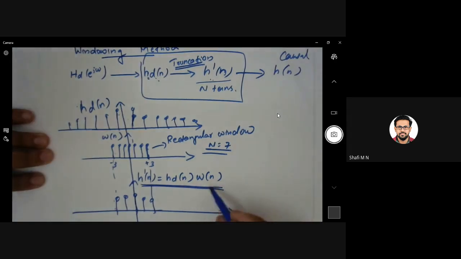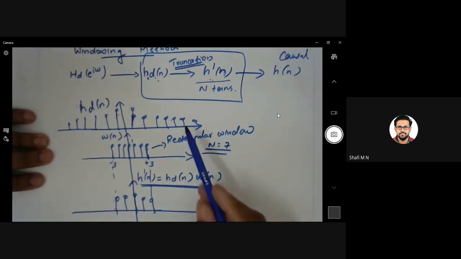Now tell me, what was W of n? Graphically, what is W of n here? It truncates the signal, and that can be called the window. So this is my window.